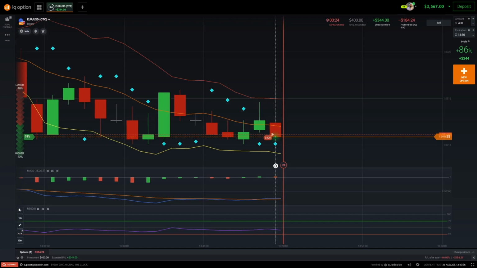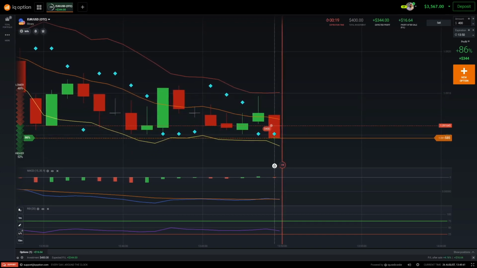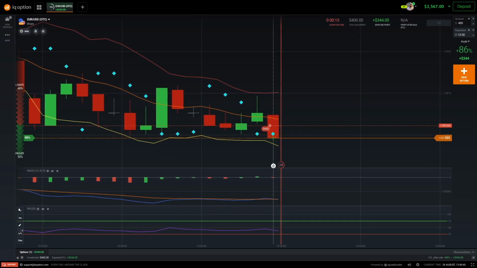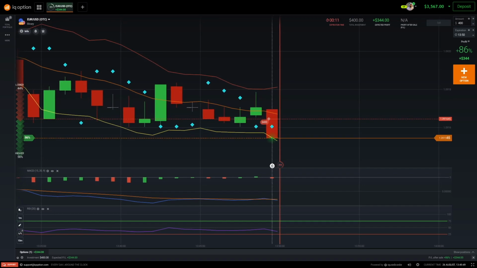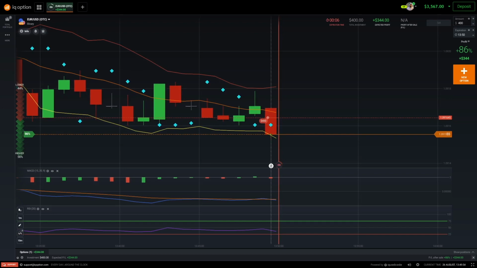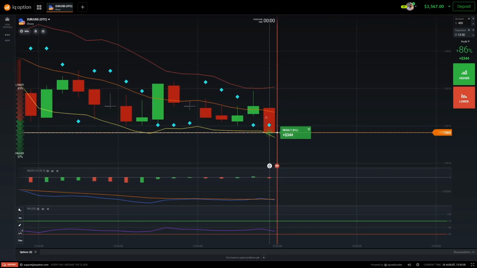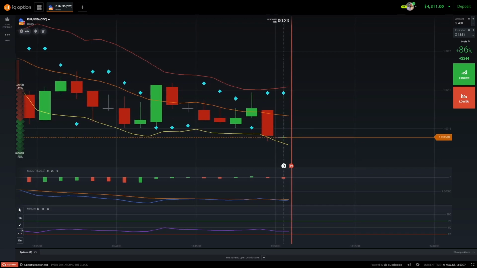Let's see the size of the red candle, and I will tell you what will be happening after this. Don't worry. We are reaching $4,000 here. From this trade, we are reaching $4,000. Let's see. Boom, beautiful. $4,300. Let's see if I'm able to trade.